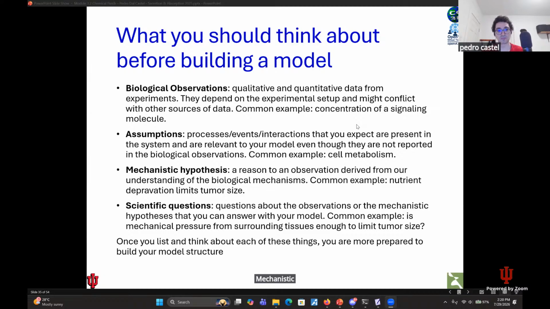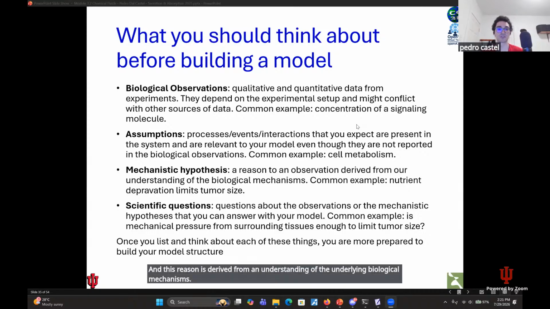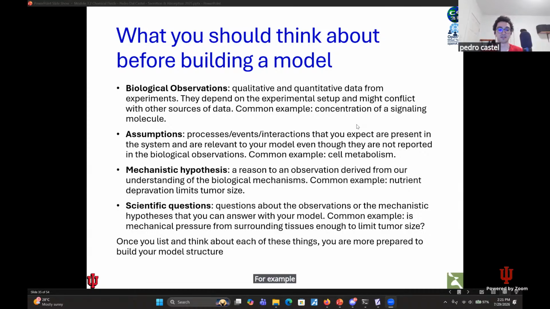Mechanistic hypotheses. What are mechanistic hypotheses? They are basically a reason for an observation. So why am I seeing what I'm seeing, and I'm giving it a reason. And this reason is derived from an understanding of the underlying biological mechanisms. For example, I think a tooth cavity comes from pH being too high.